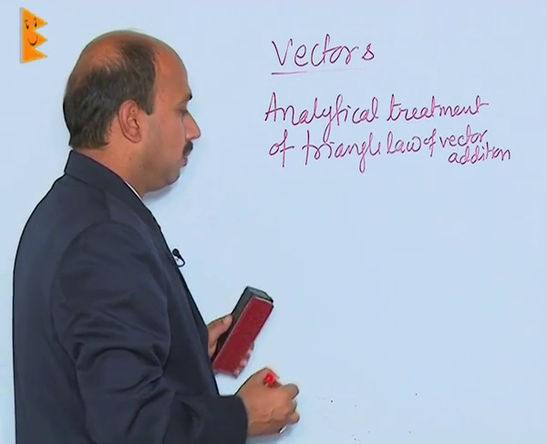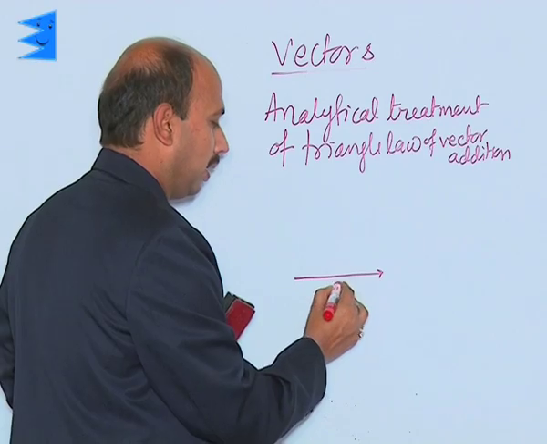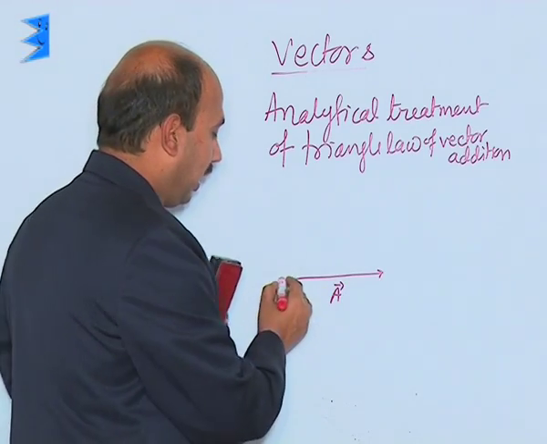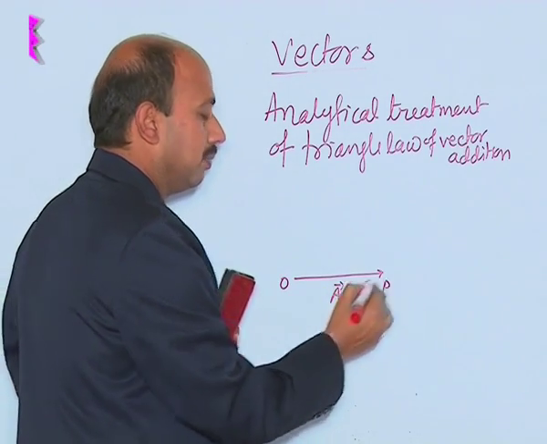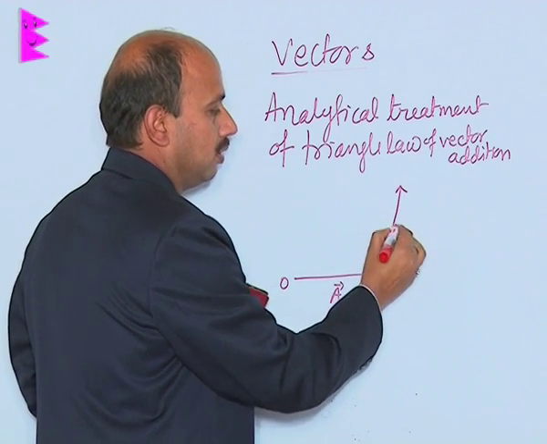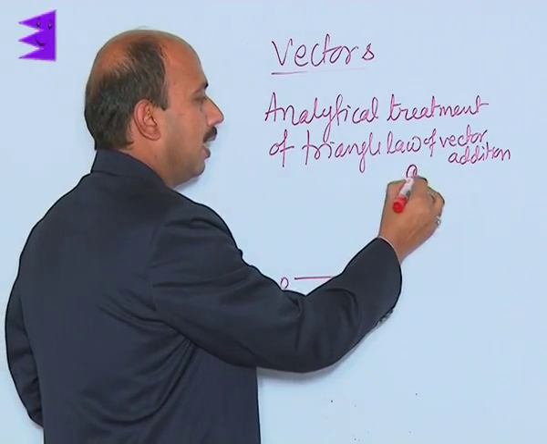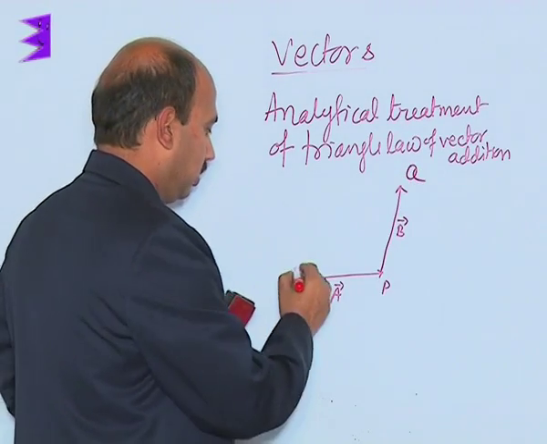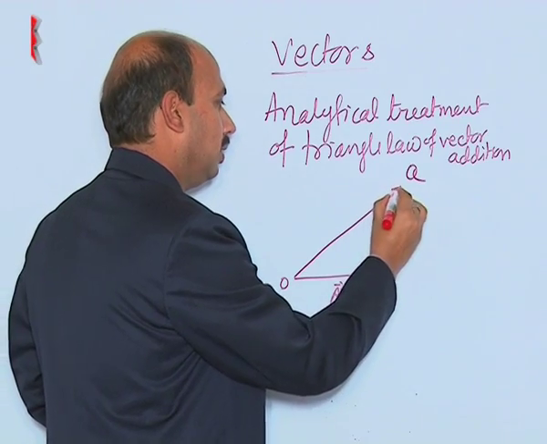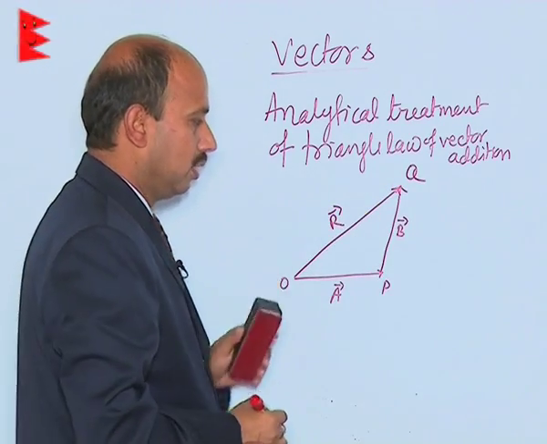So, now suppose you have taken 2 vectors like this is vector A, we can write it as O and P. Another vector I have taken, this is vector B, this I have taken as Q. The third vector which is drawn here, that is R, the closing side.